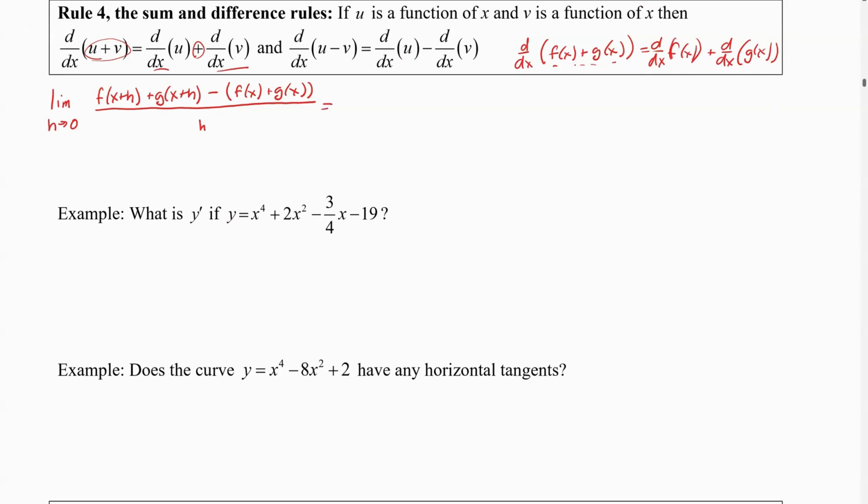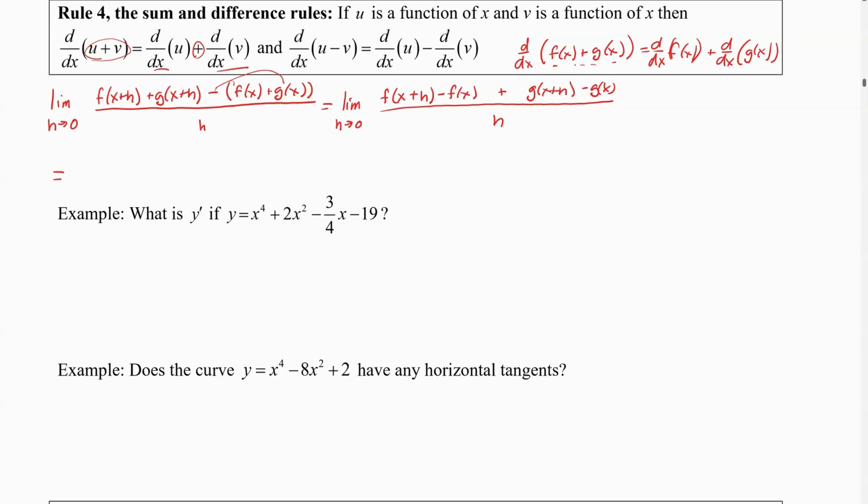Well, let me rewrite this. I'm just going to rearrange the order in which the numerator shows up. How about f of x plus h minus f of x, and then plus, how about g of x plus h minus g of x? I can do that, right? I can distribute that negative sign across those two terms, get rid of those parentheses, and maybe you can see where I'm going with this.